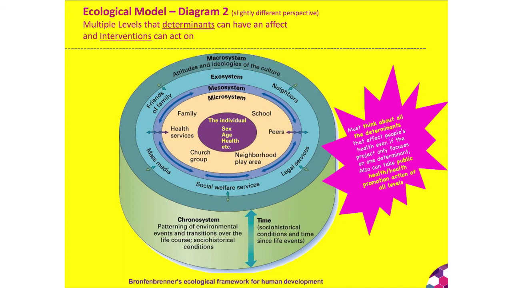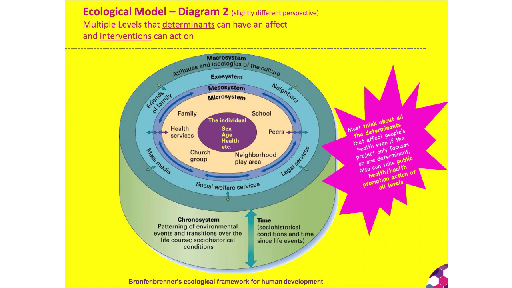That's how the PRECEDE-PROCEED model becomes complex, because it's trying to take account of all these wider factors in the project. It's not just trying to deliver a project to meet a single aim. It's trying to look at all the wider issues and how that might impact on the project and how that might stop people from taking up and using that project in a way that improves their health and well-being.